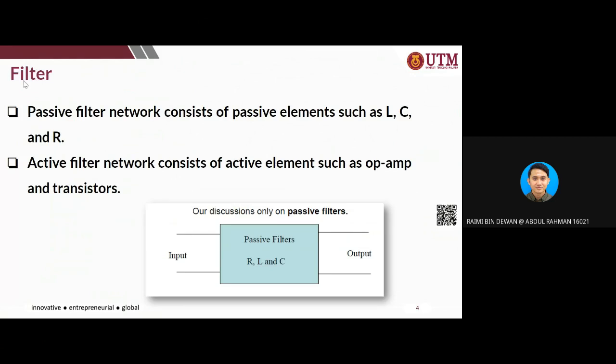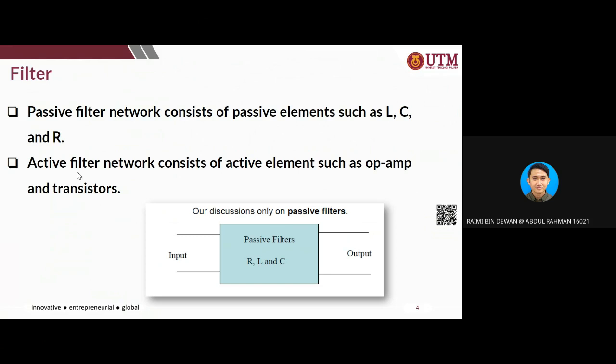Okay, a passive filter network consists of passive elements, such as inductors, capacitors, and resistors. An active filter network consists of active elements such as op-amps and transistors.